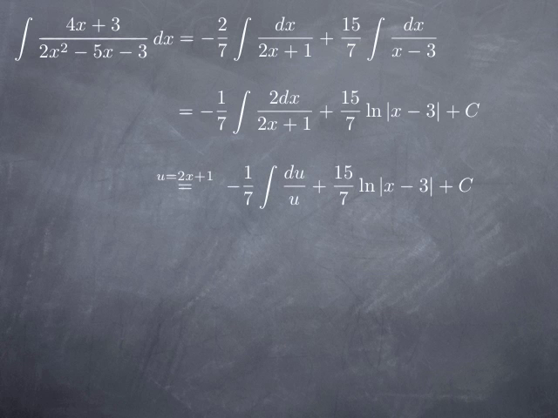Namely, here u is 2x plus 1, so we have an integral of the form du over u, where we have adjusted the coefficient at the top to get du. So we obtain negative 1/7 of the integral of du over u, where u is 2x plus 1, plus 15/7 of natural log of absolute value of x minus 3, all this up to a constant. And of course, the integral of du over u is simply natural log of absolute value of u, and u is 2x plus 1. So this is the antiderivative we obtain.